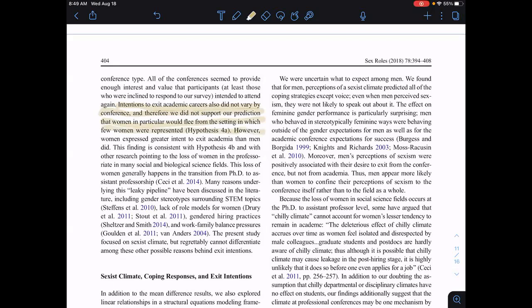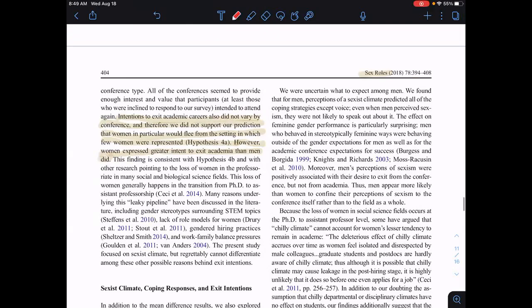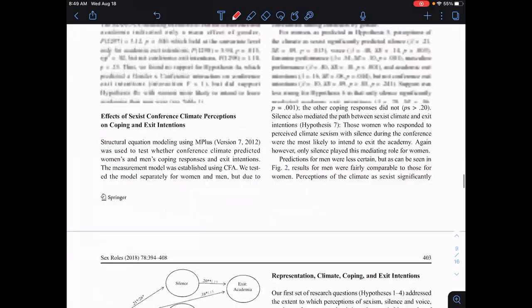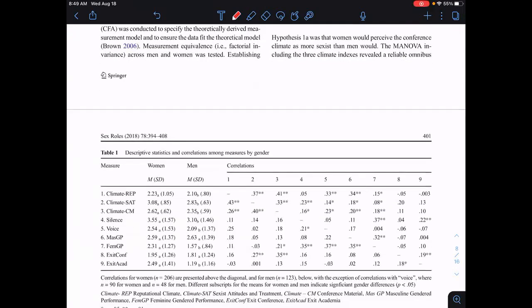However, women express greater intent to exit academia than did men. Okay, these now have given me the frame of reference. And by the way, Sex Roles, this journal is the top journal in the field. So it's worth reading this article because it does give you a feel for a really good article. Now let's go digest some statistics.